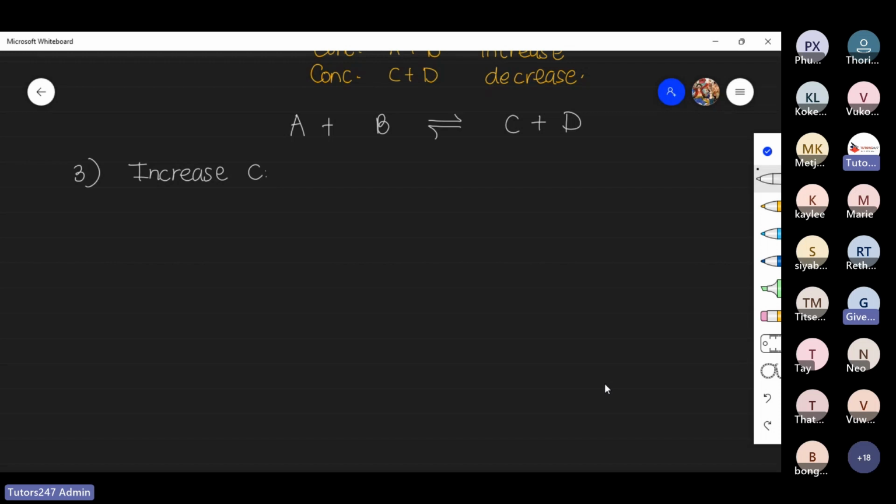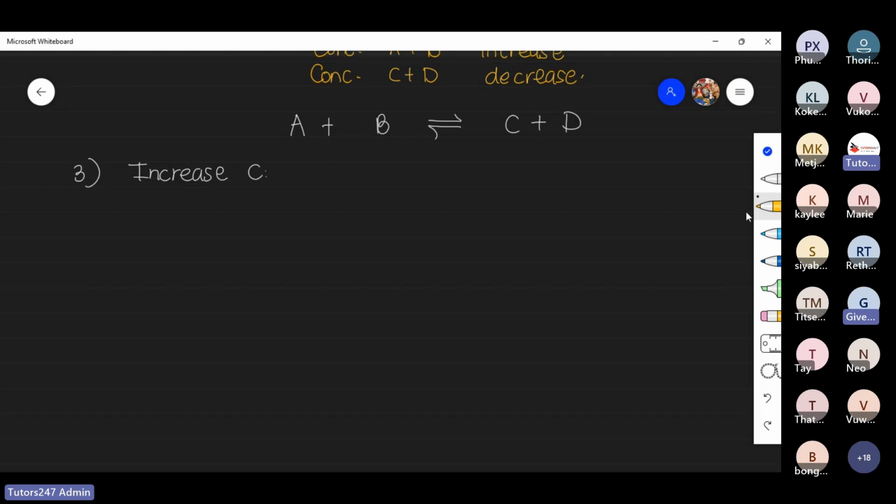Okay, so let us have a look at this. Our question stated that C was increased. So if C is increased, we now need to get rid of that C. Remember what I said earlier? The one that's increased becomes the reactant, so you can get rid of it to produce something else. So C was increased, so we now need to get rid of it.